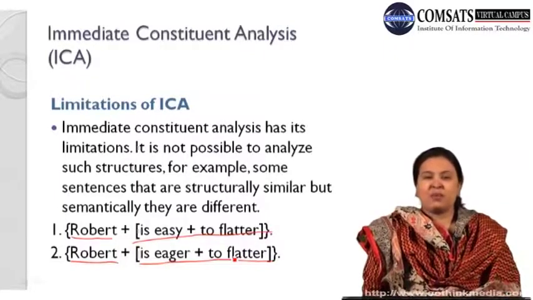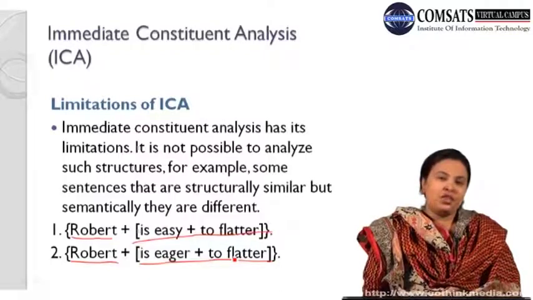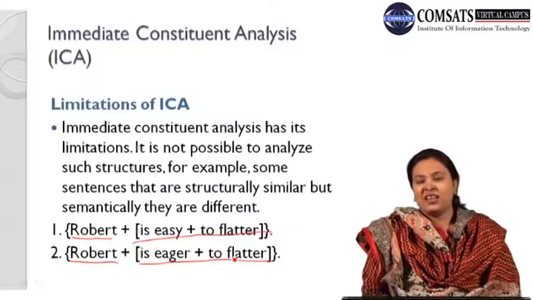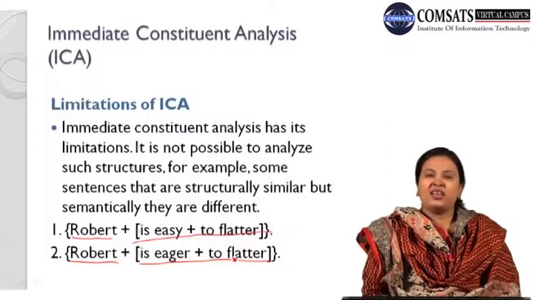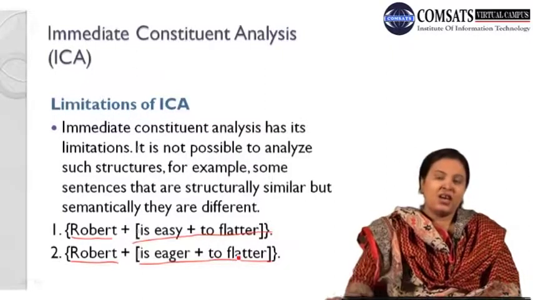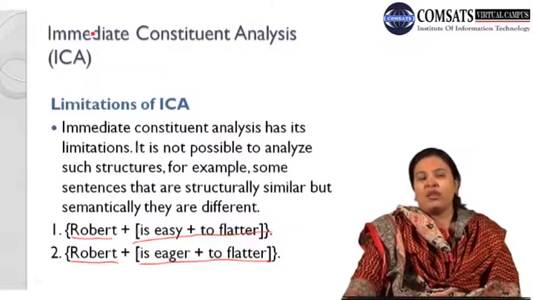So with respect to ICA, we are not able to understand such sentences, which are structurally similar and semantically different. Ambiguous sentences are difficult to explain with the help of ICA.